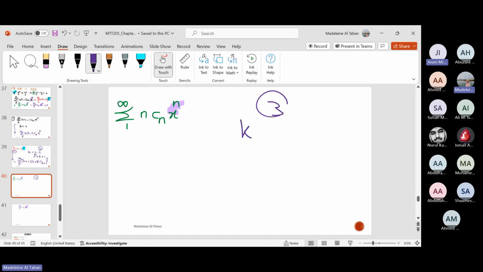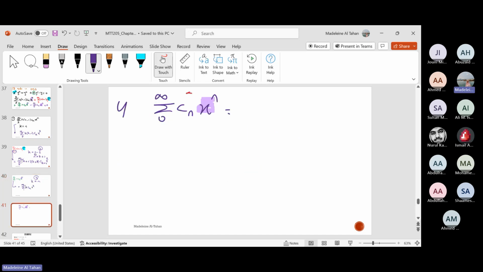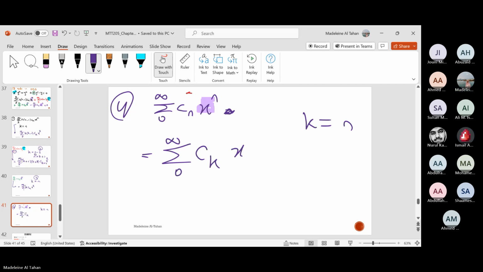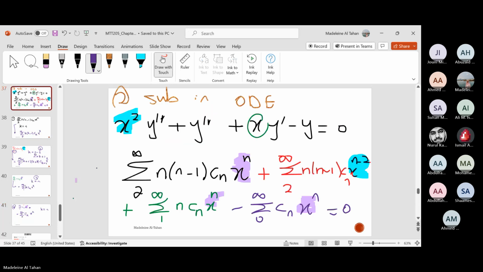It's the same thing again. K equal N, it's not affected, so this one is sigma 1 to infinity K, CK, XK. Series number 4 as well, K equal N. This one is not affected, so sigma 0 to infinity CK, XK. Any questions? No, doctor.